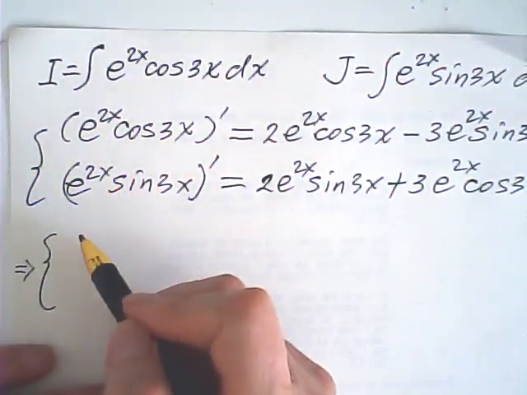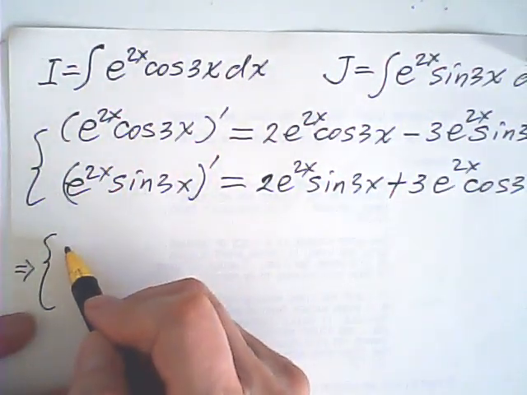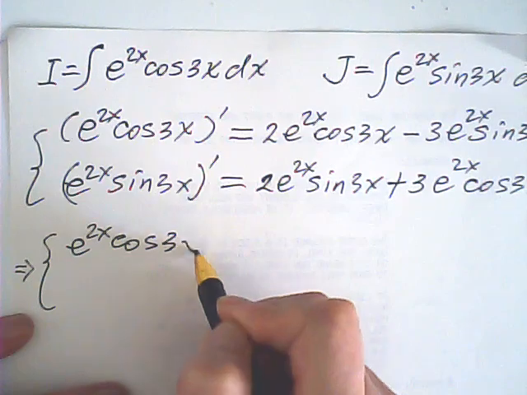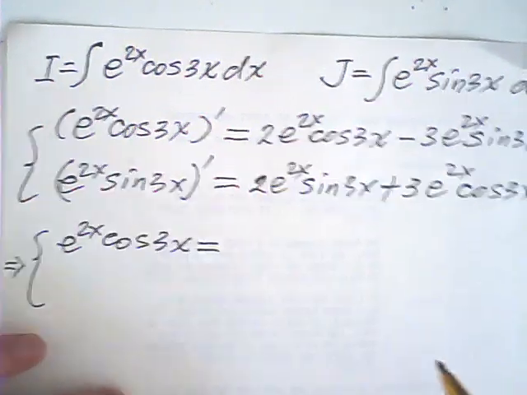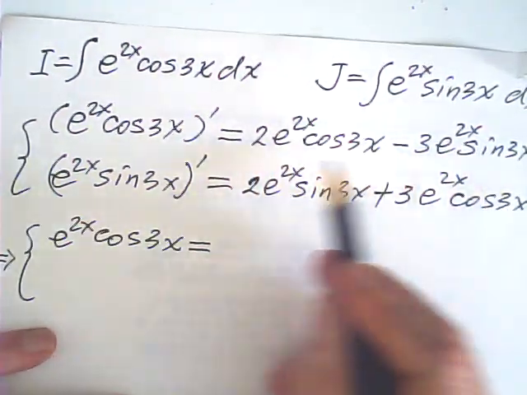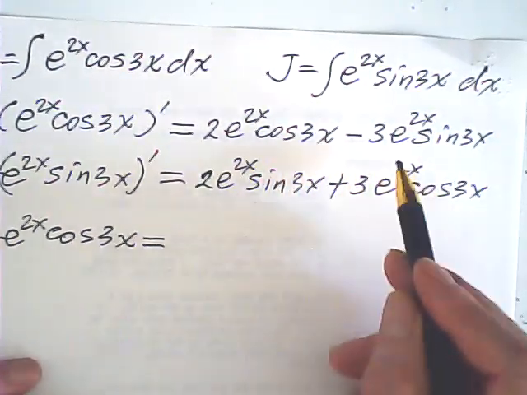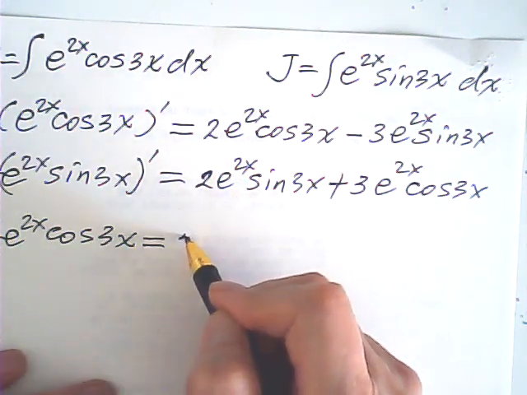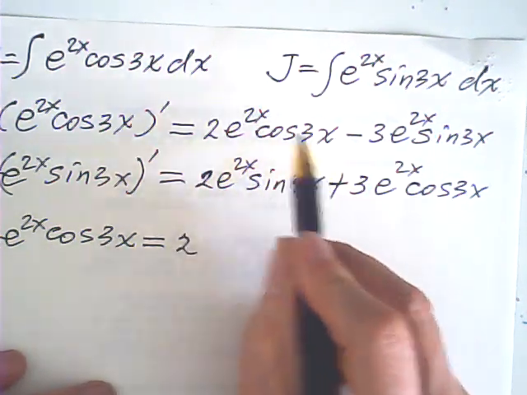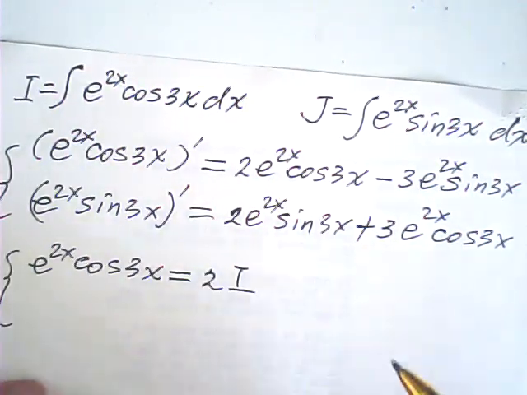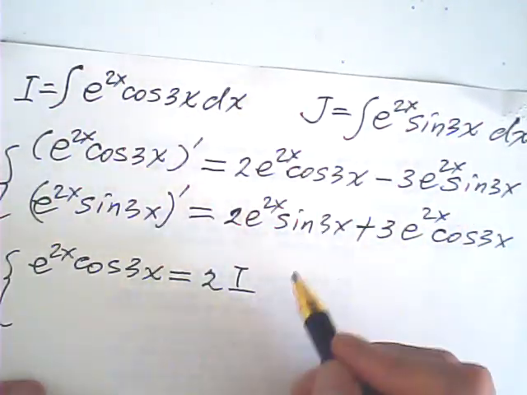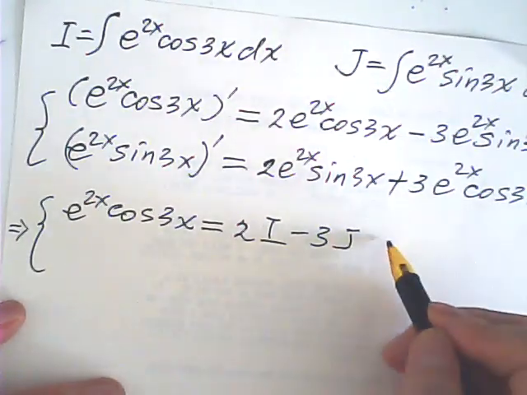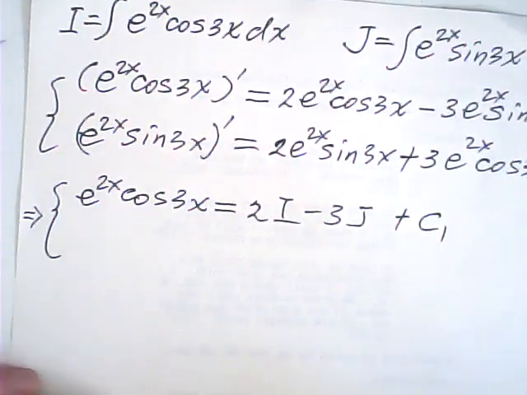This side, the antiderivative is e to the 2x cosine 3x, right? This side, the antiderivative is equal to 2I minus 3J, and we have a constant C1.